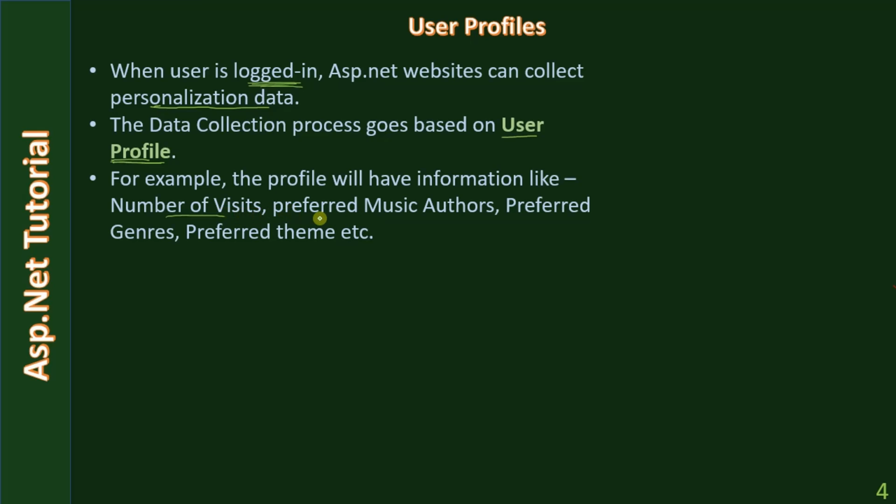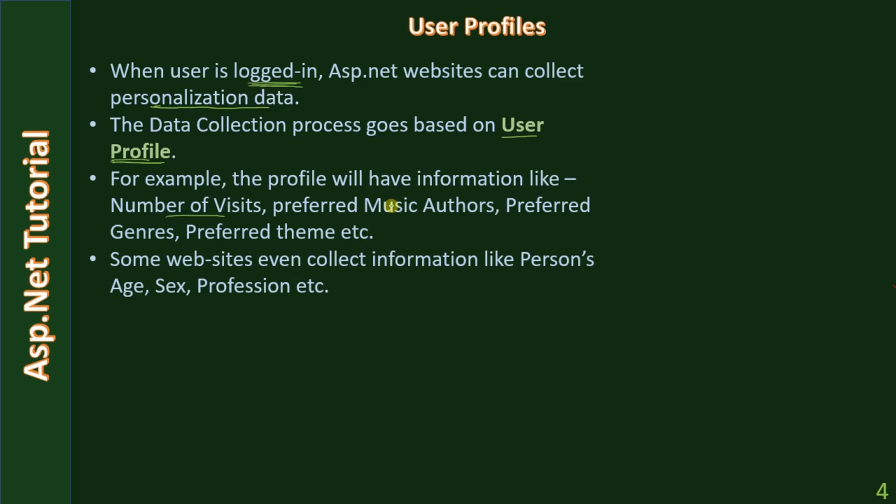So number of visits and what is the preferred music author for the logged in user. Then preferred music genres, preferred website theme. So all those things are called the personalization information that we can even store against the user profile.